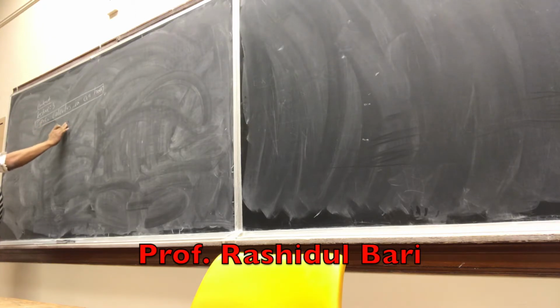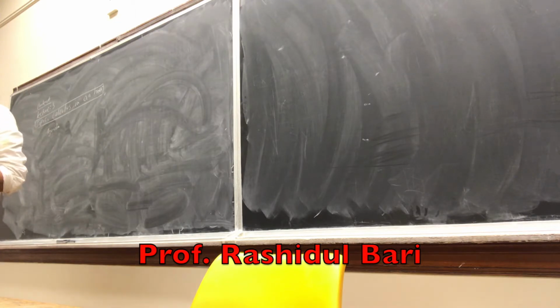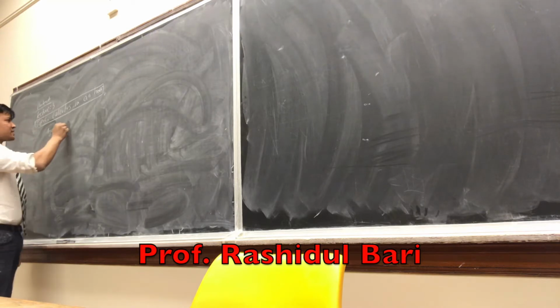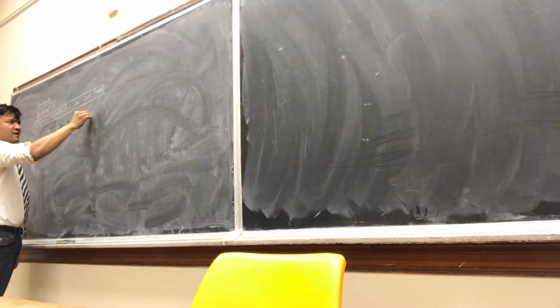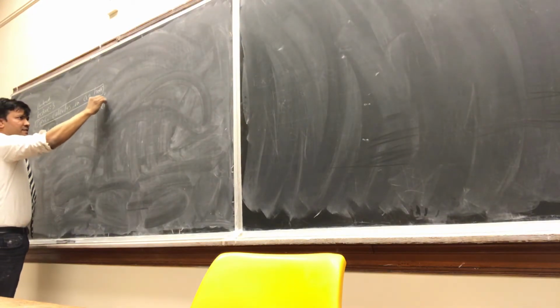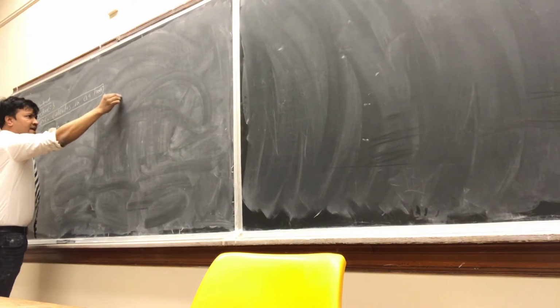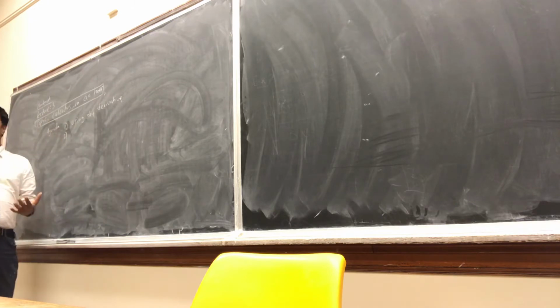Number 1. Okay, so first, here is the grocery list, the agenda. There are 5 ways to take the derivative. You already learned the first way. What is the first way? Using the definition of derivative. The second way, using the power rule.